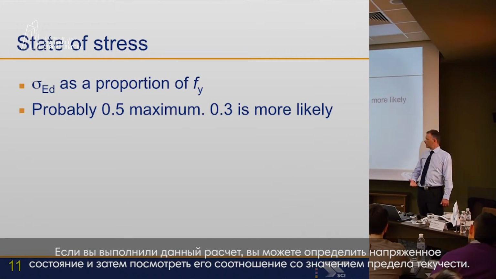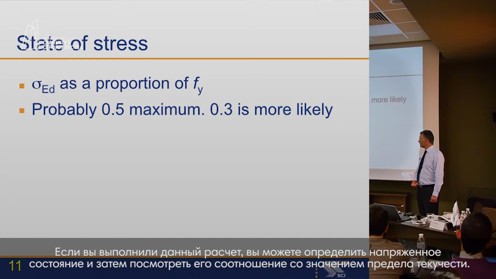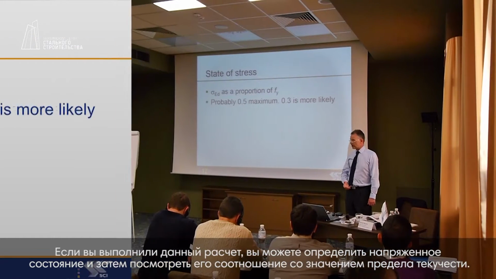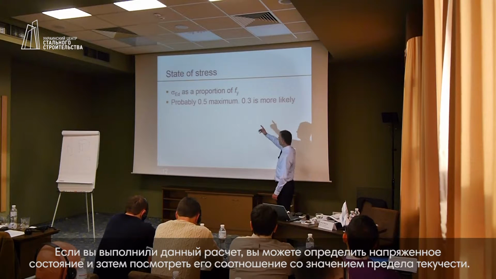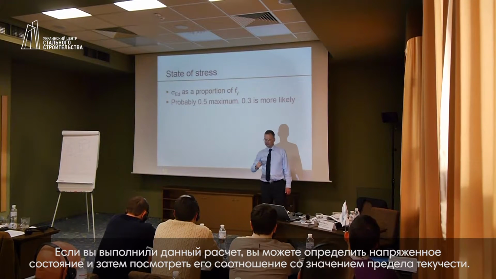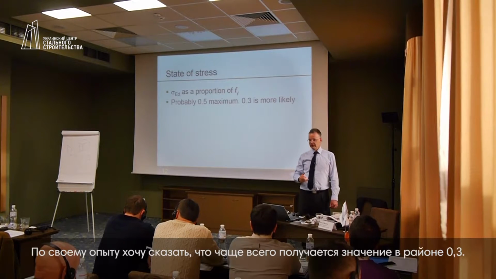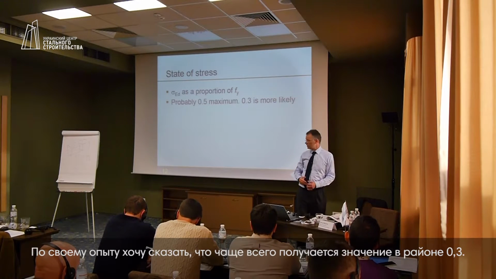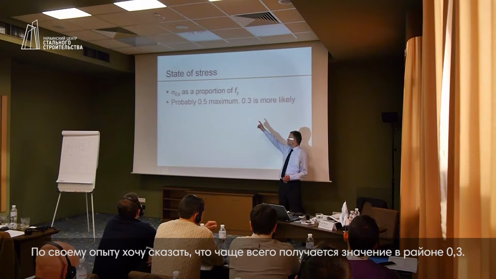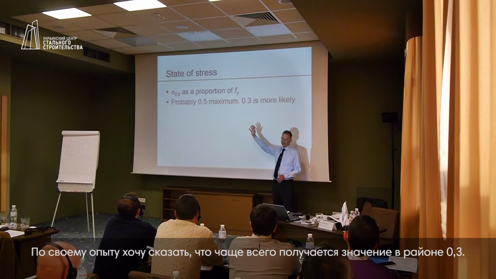So when you go through that calculation, you can calculate the state of stress, and then you reflect on what the state of stress is as a proportion of yield. In my experience, the value of 0.3 is about right.